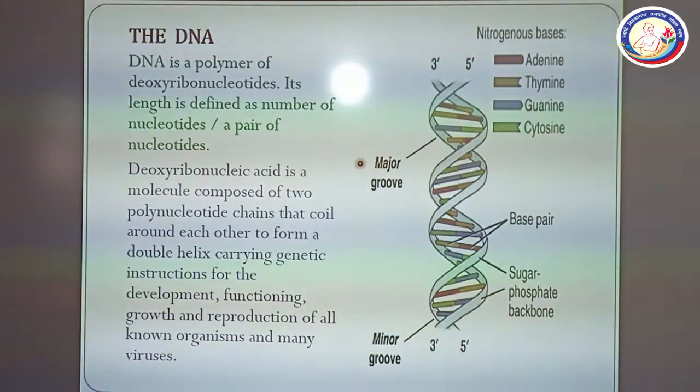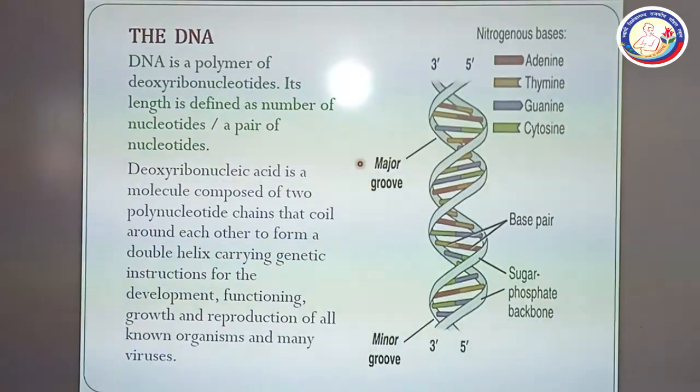First of all, we will discuss the DNA here. Basically, DNA is a genetic material and it is a polymer of deoxyribonucleotides.